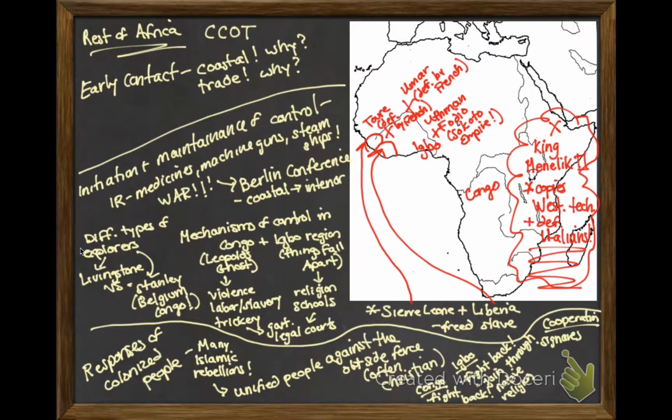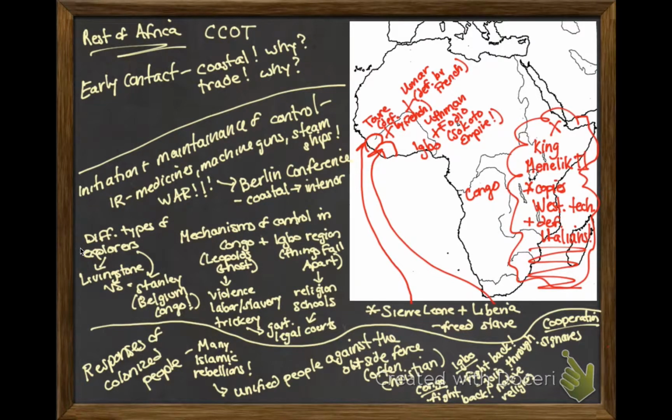And this leads to one of the main things about Africa that's going to be different from China, different from India, is that in Africa it was much more decentralized. We had many more smaller tribal-based societies rather than huge, large empires. And that's going to prove to be a disadvantage for them during European conquest, because they're not able to mobilize the way Ethiopia will, for example, which did have a large empire. And that really becomes a major detriment for them.